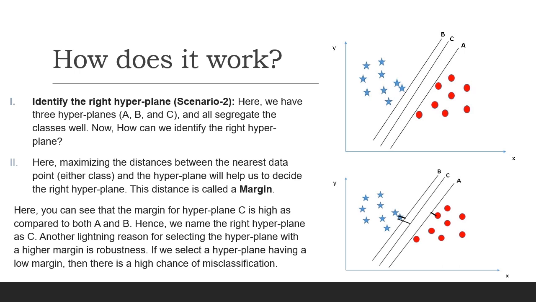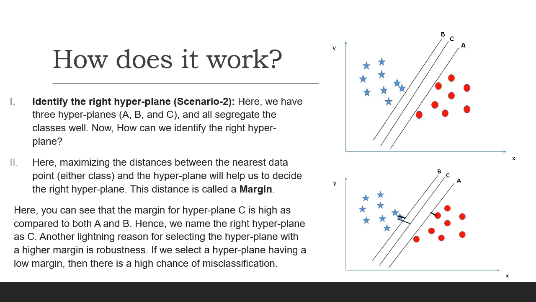This distance is called margin. Here we can see that the margin for hyperplane C is high as compared to both A and B. Hence, we name the right hyperplane as C.